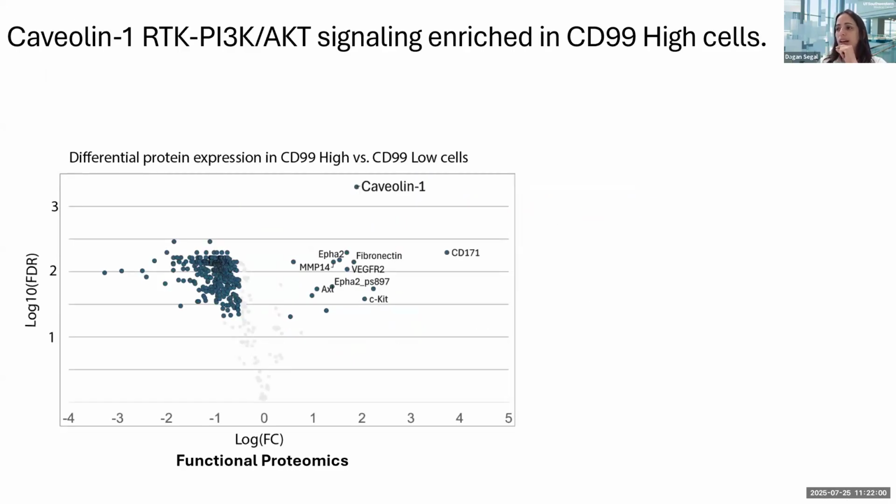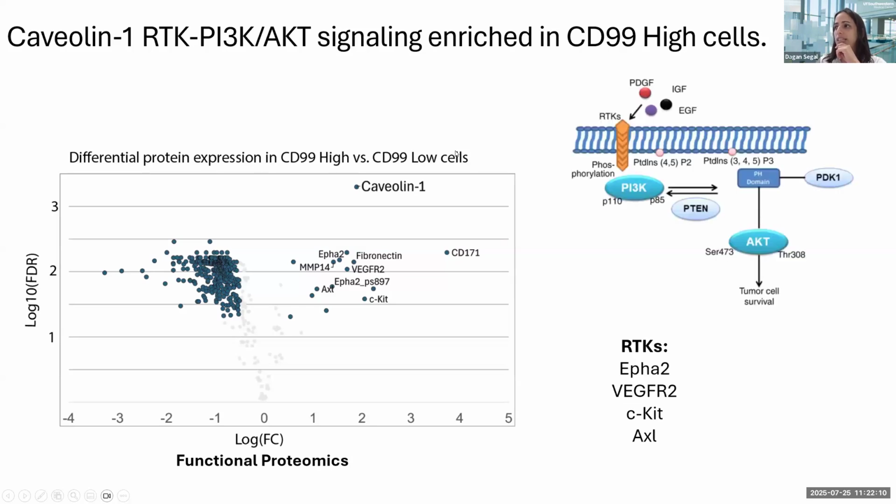And when we looked at our functional proteomics assay, in addition to CAV1 being highly overexpressed in CD99 high cells, we saw a handful of receptor tyrosine kinases that were enriched, specifically that are associated with the PI3 kinase AKT signaling pathway.